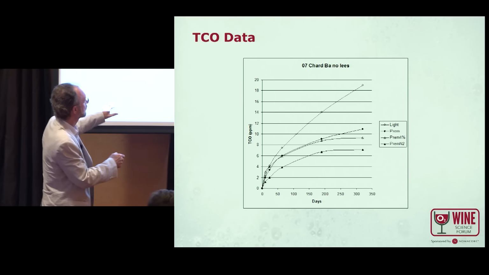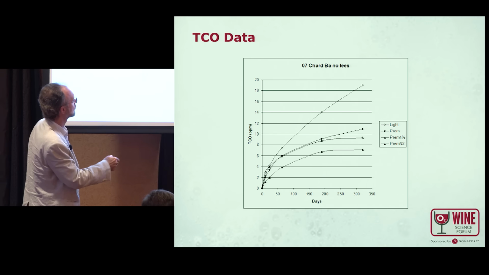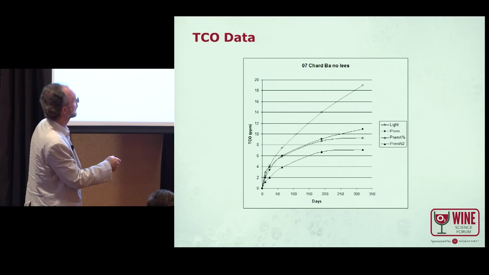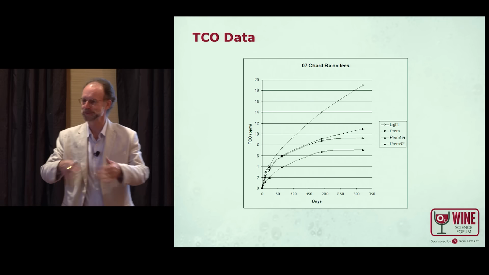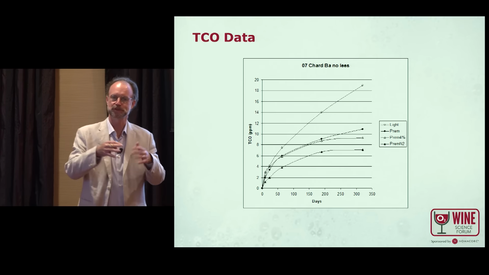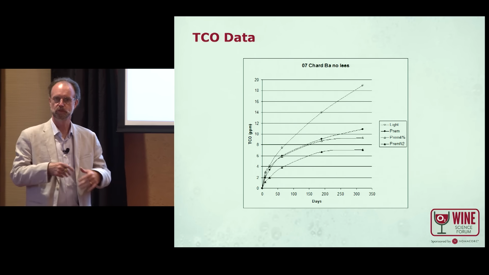So I'll just draw your attention to 2 points here. This one here is the premium under nitrogen, okay? And what I'm happy to see, even though we had plenty of oxygen to consume once we got it bottled, right, is that after that oxygen was consumed, there was really no more activity, right?